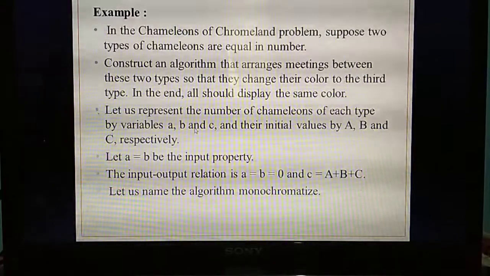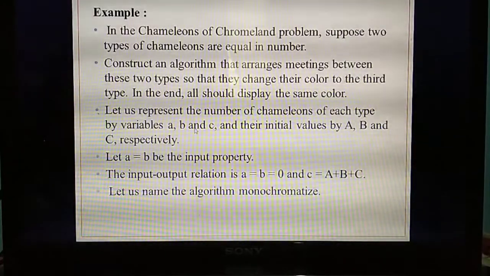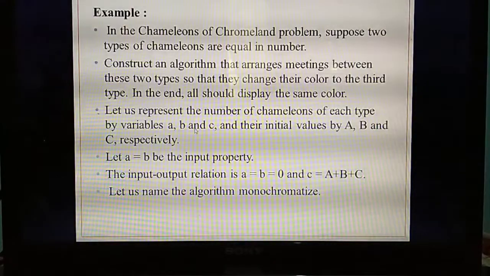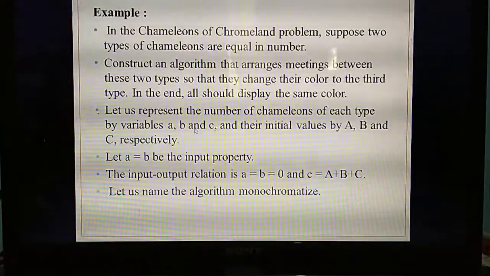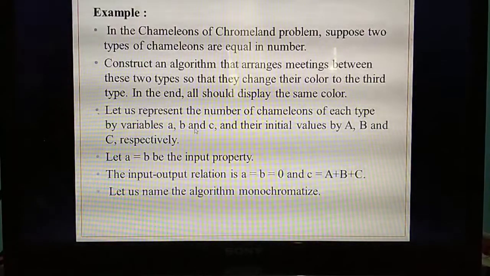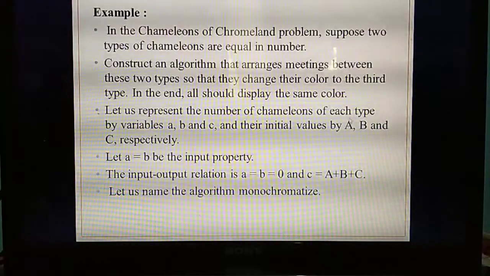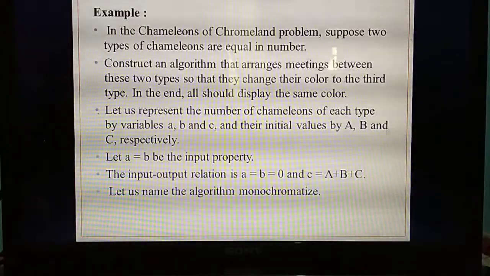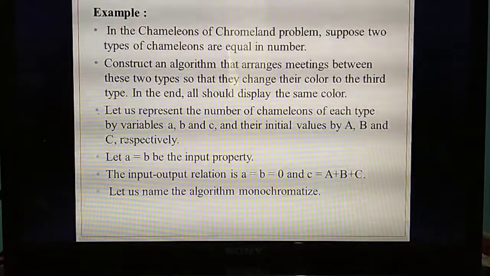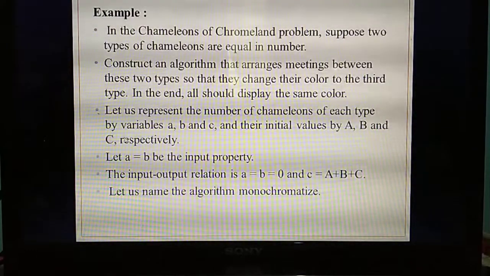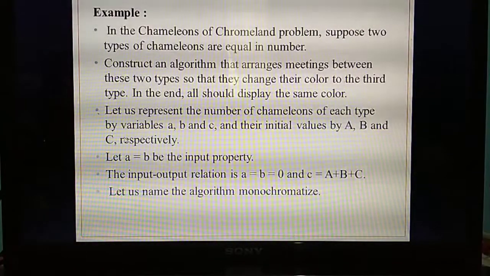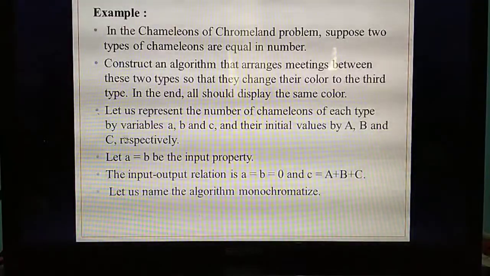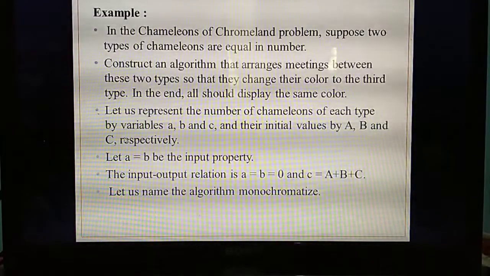A, B and C represent the 3 types of chameleons. Then their initial values, that means at the starting, are given in the capital letters A, B and C. The 3 types of chameleons are represented by the small letters a, b and c.